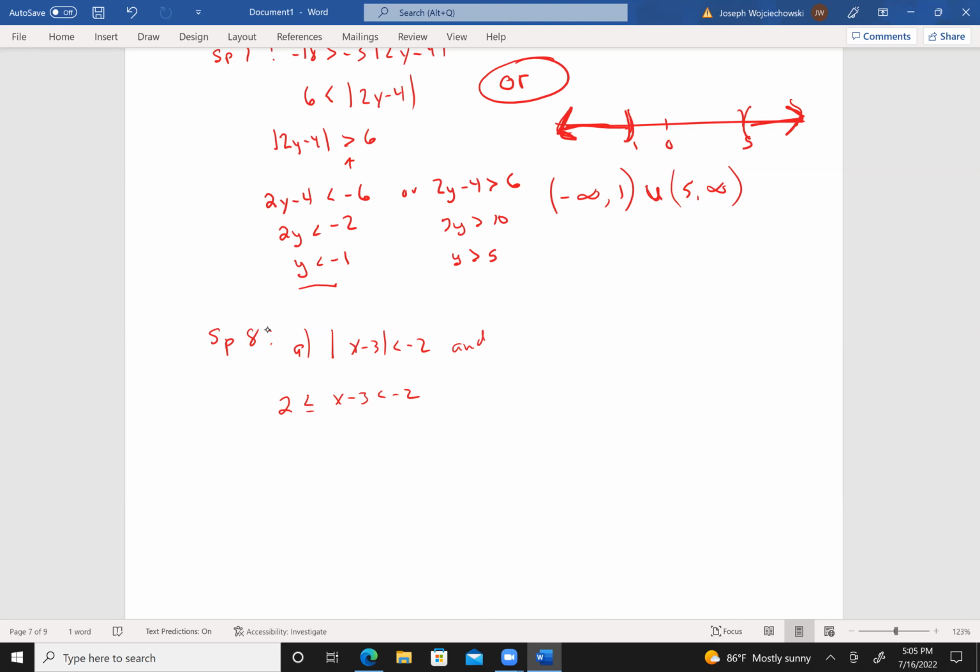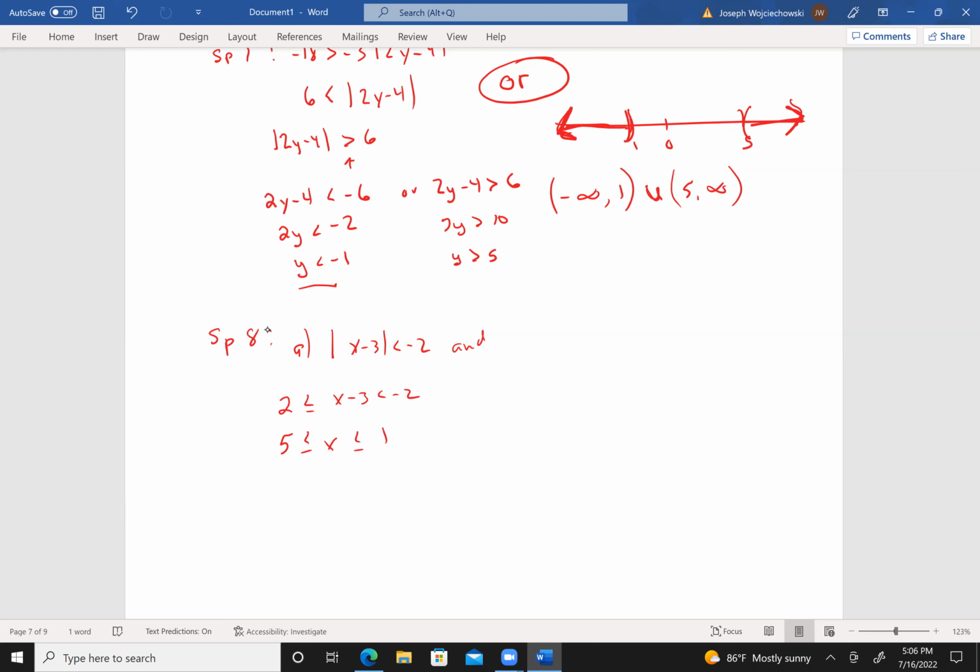Okay. So remember, this is an and statement. So add 3 to both sides, I get 5 less than or equal to x less than or equal to 1. So what am I looking at?